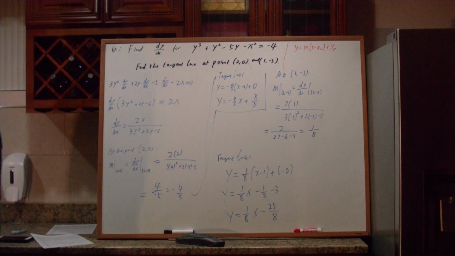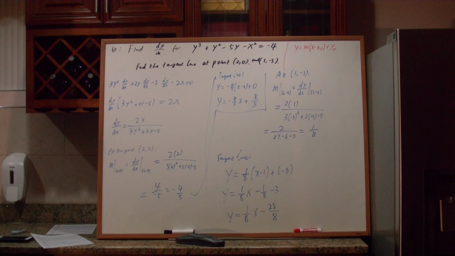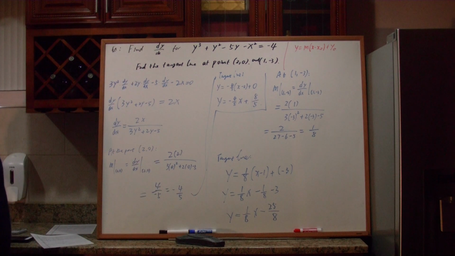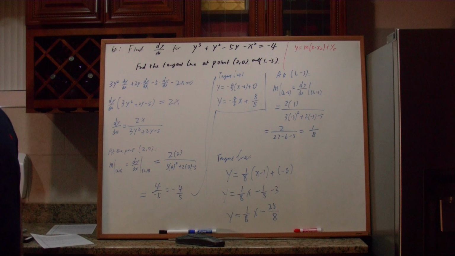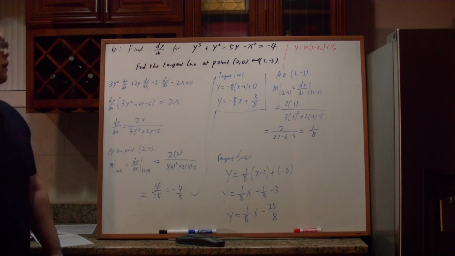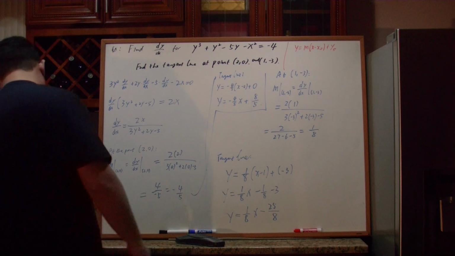That is the equation of the tangent line at the two given points, (2, 0) and (1, -3). So find the derivative, then substitute the point to find the slope, then use the point-slope form to find the equation of the tangent line. Of course, if you want, you could sketch this equation and the tangent line to verify that they are actually attached together.